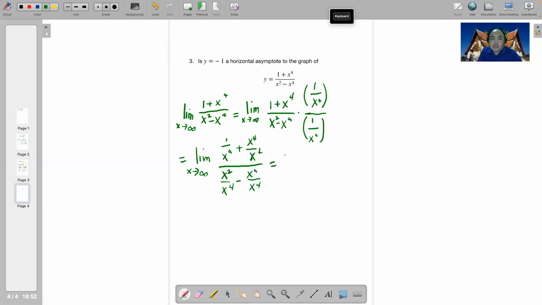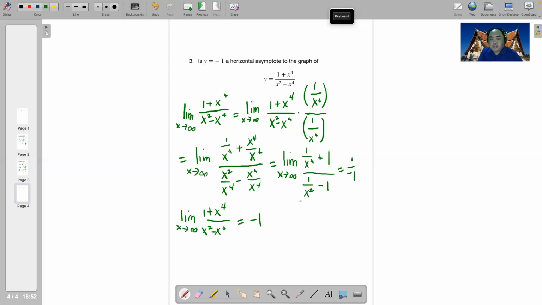This is just equal to the limit of 1 over x to the fourth plus 1 all over 1 over x squared minus 1 as x approaches positive infinity. This is 1 all over negative 1. So the limit of 1 plus x to the fourth over x squared minus x to the fourth as x approaches infinity is negative 1.